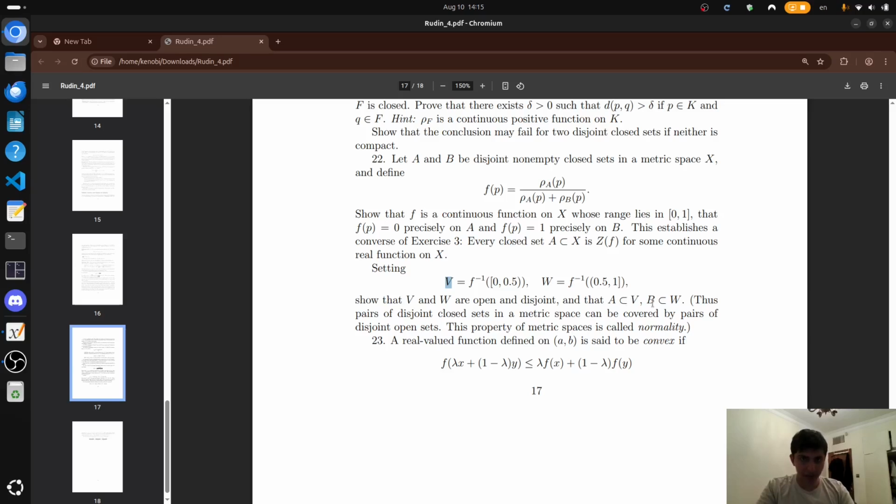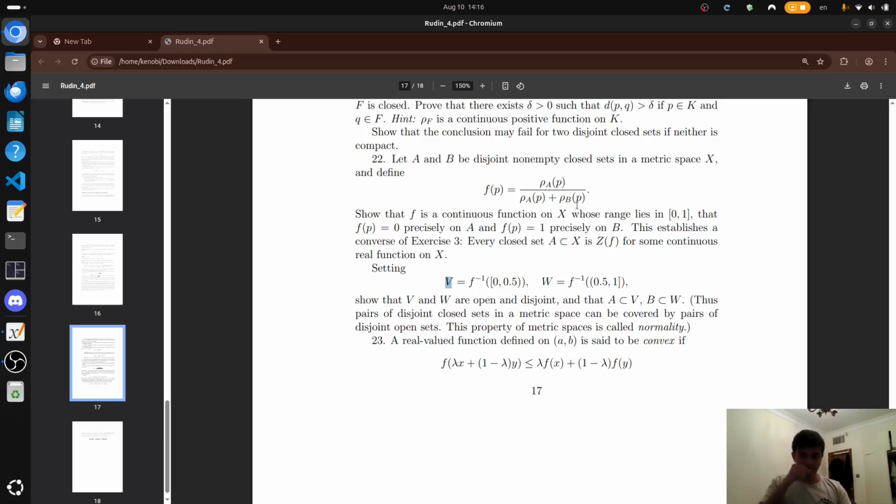And A is in V and B is in W. That's because they're disjoint and they're closed. 0.5 basically happens when this is equal to 2 times this, so that means when rho of A of P equals rho of B of P. But when that happens, it's either 0 or another value.